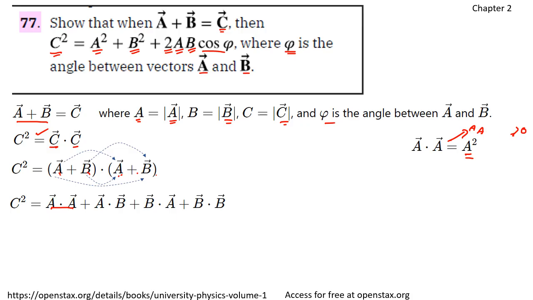So cos 0 is basically 1, and you get A squared. So the dot product of the same vector gives you the square of the magnitude.